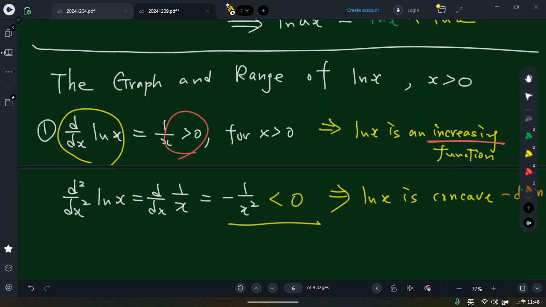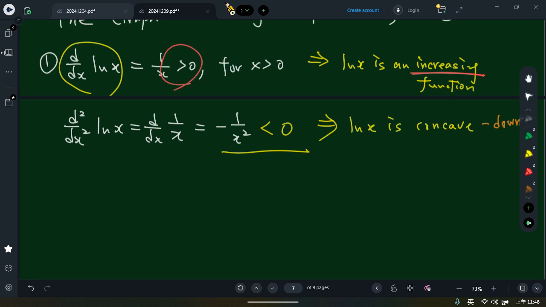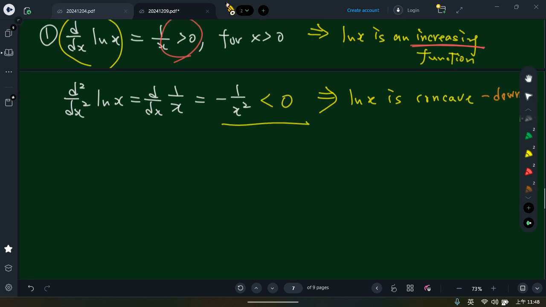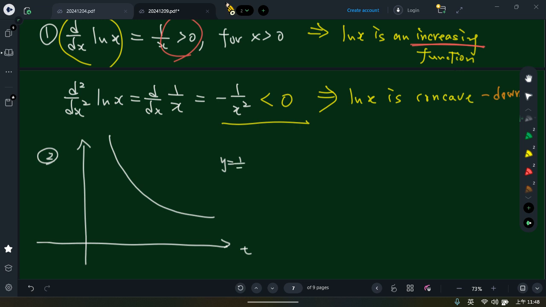Okay, so with this, we can just try to get the function, because we know that this is y is equal to 1 over t, right?